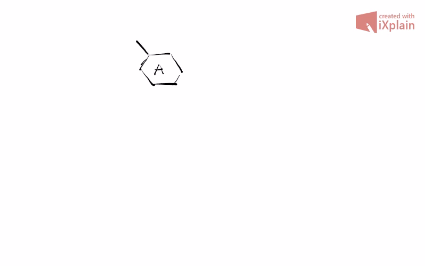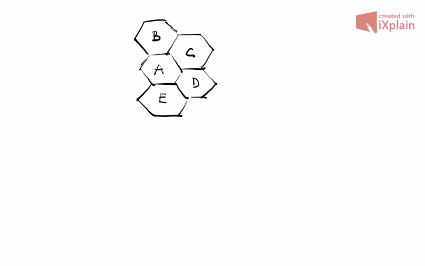Then we will have adjacent base stations B, C, D, E, F and G. Okay, so if all of them use different frequencies, and then we reuse the frequencies.